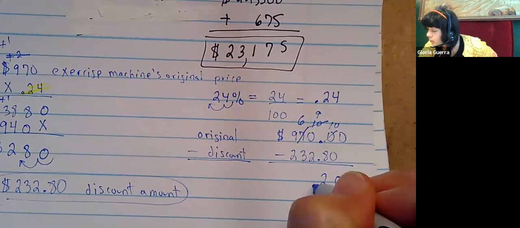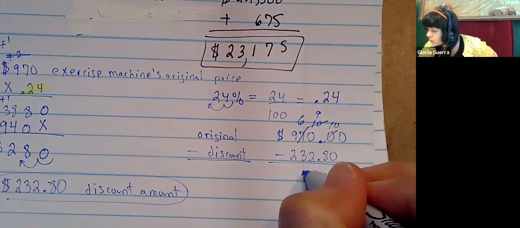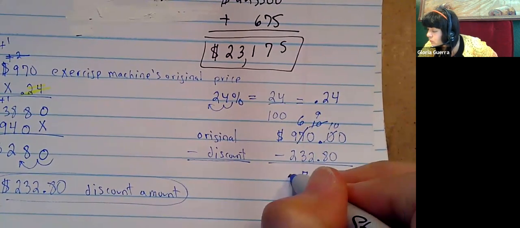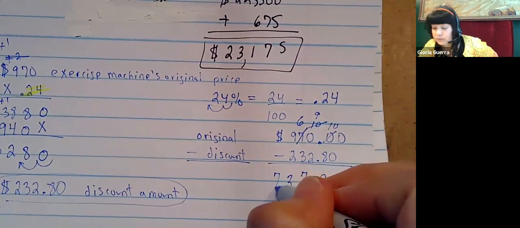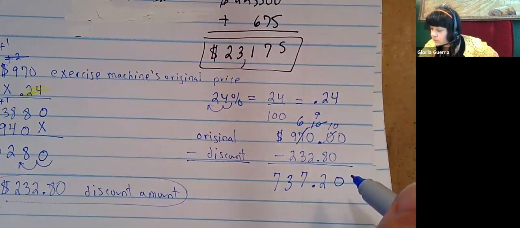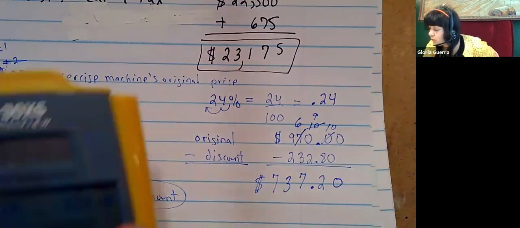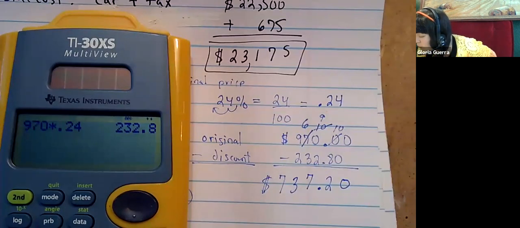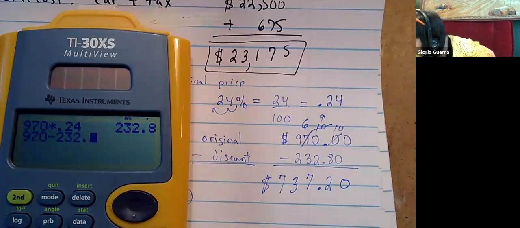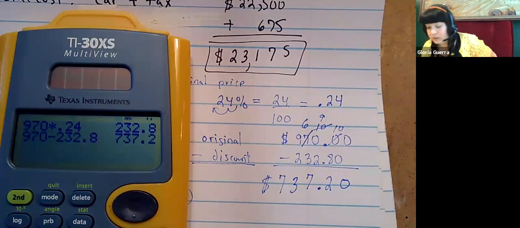Bring down the decimal point. 9 minus 2 is 7. 6 minus 3 is 3. 9 minus 2 is 7. So I should get $737.20. So let me just double check on the calculator. So I have 970 minus $232.80. Yep, it's $737.20. Yeah, so that checks out.